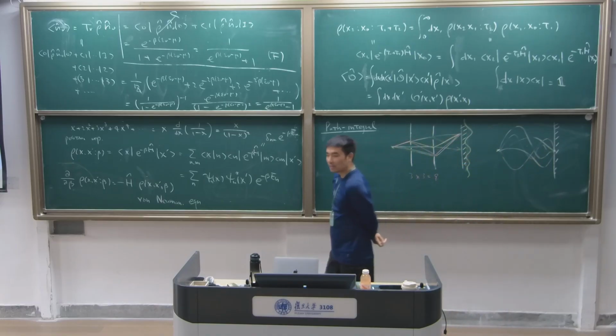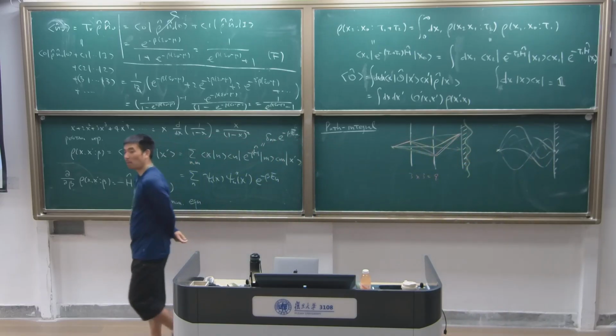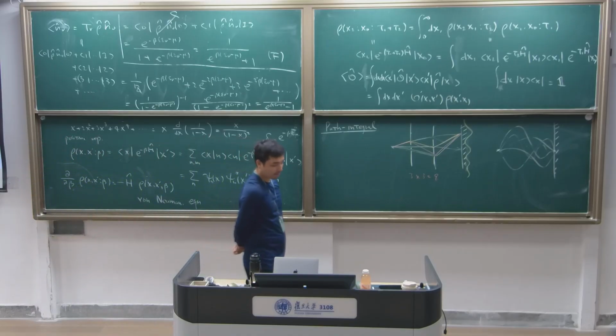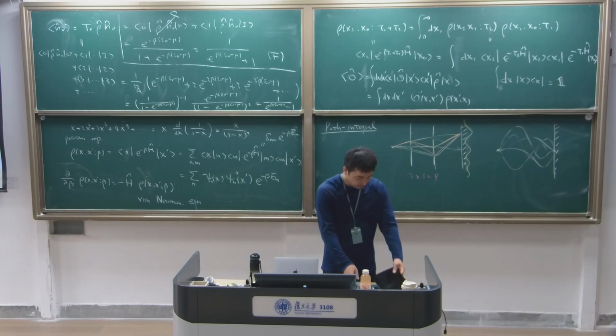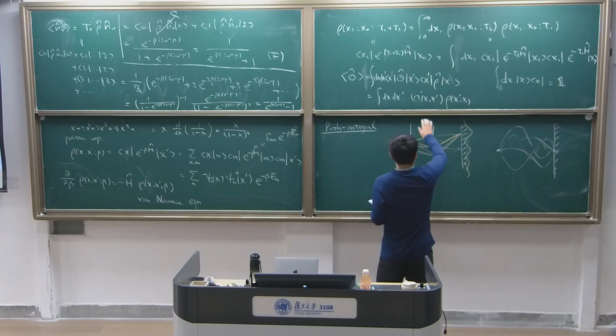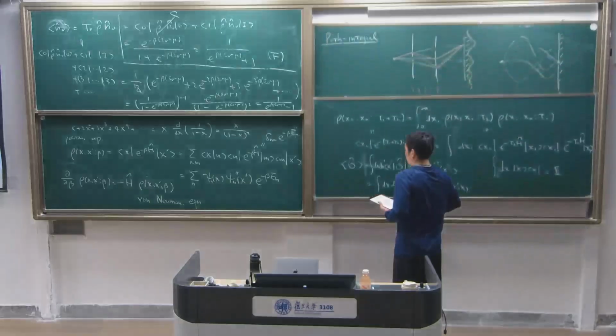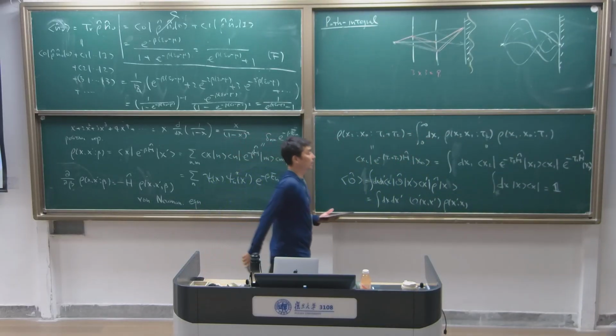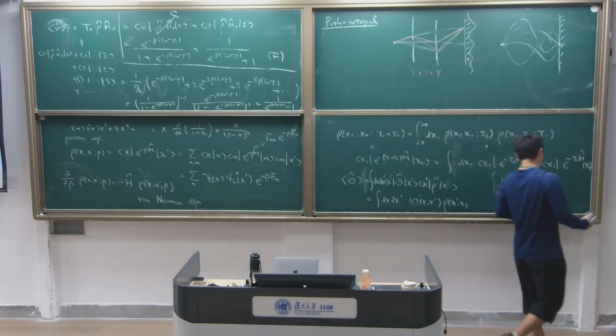You need to consider the sum of all possible wave functions in quantum mechanics. So that's what Feynman will do. How do you mathematically formulate this idea?